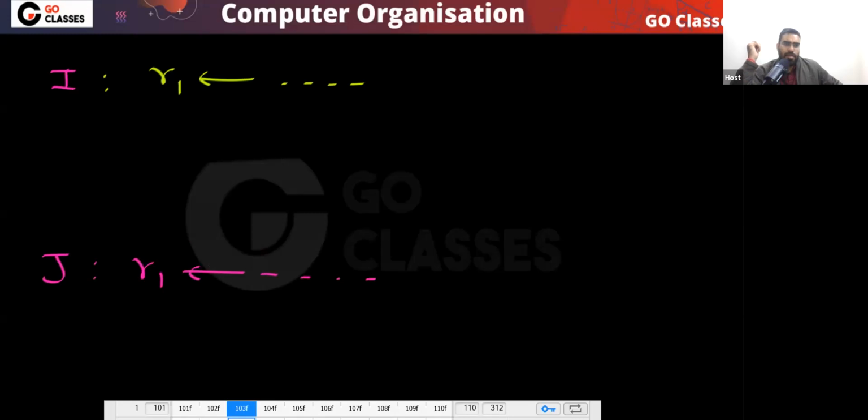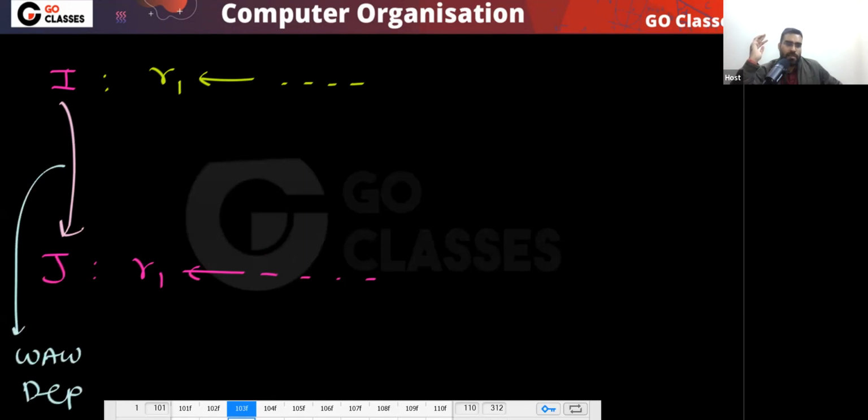This will be a WAW dependency if and only if what should not happen? In between, no one should write R. So you can notice this will be a WAW dependency, but in between no one should write R.